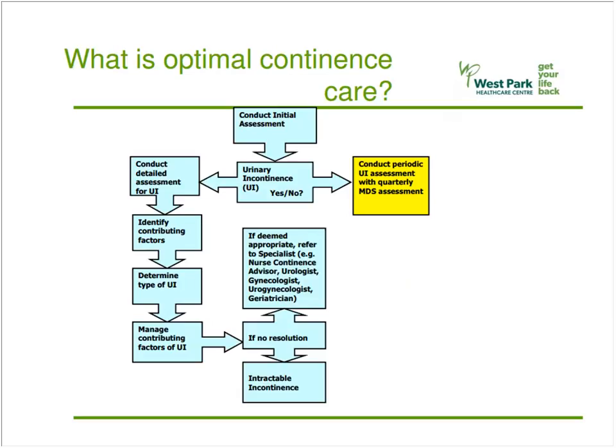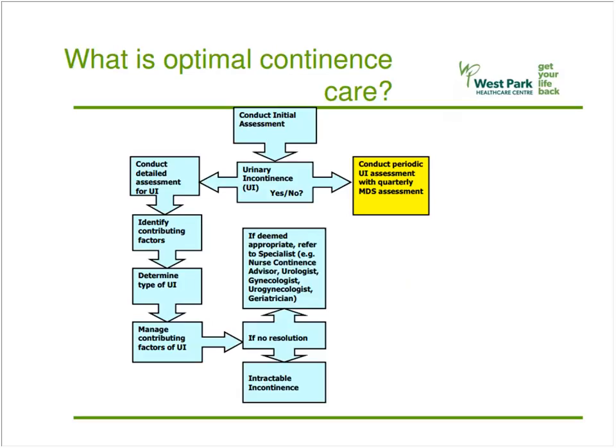So this is a depiction of elements of optimal continence care, and today we're focusing on how to conduct an initial assessment. This can be done in your facilities by an RN or an RPN. It's a second level in-depth assessment of urinary incontinence, and the detailed assessment will lead you to identifying a number of contributing factors.